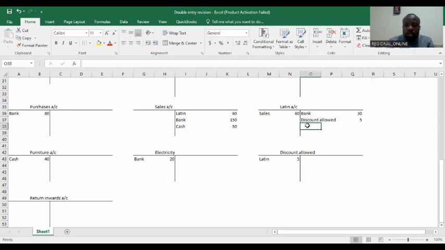So you have to credit this account, 2,000. Once I have credited Latin, automatically I have to debit my return inwards, from Latin to return inwards.